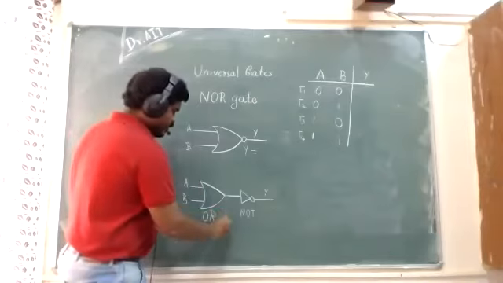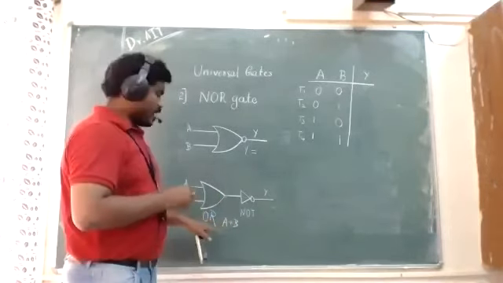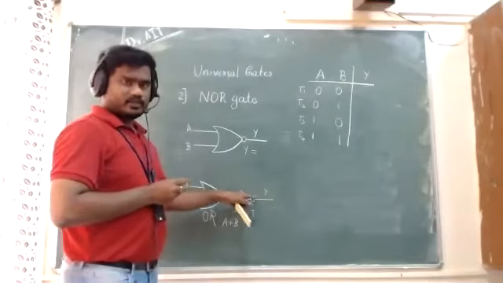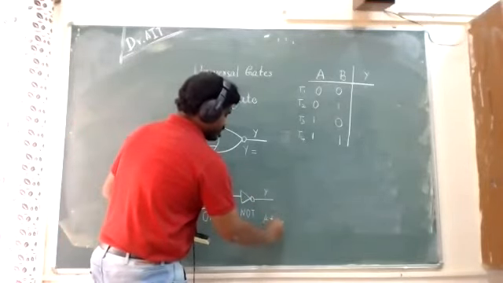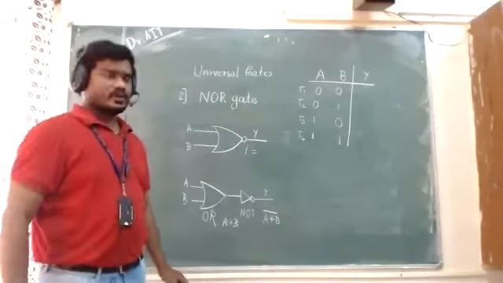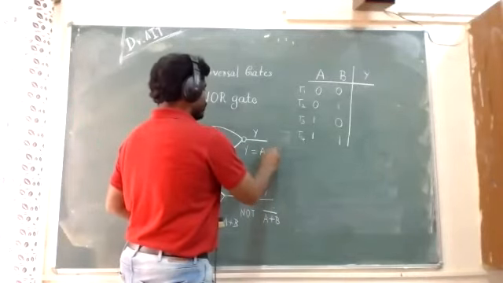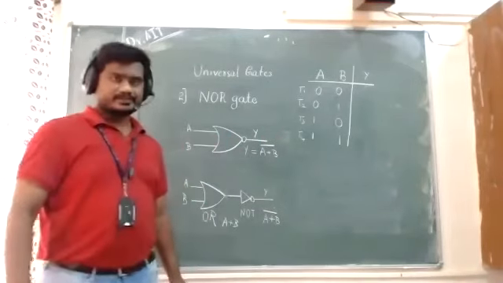The expression for the OR gate is A plus B, and we are providing this A plus B signal through the inverter. So therefore the output is A plus B whole bar. So Y is equal to A plus B whole bar is the expression for the NOR gate.